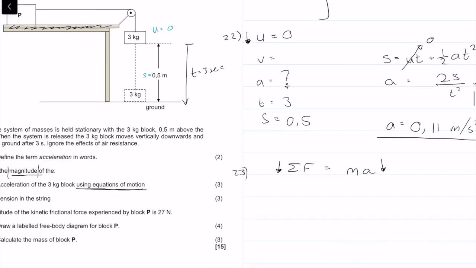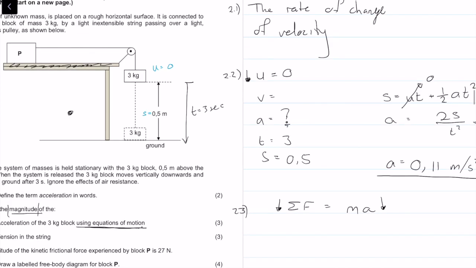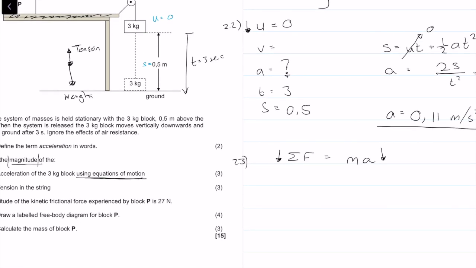Okay, so if I had to draw a quick free body diagram here, we have weight acting downwards. Okay, and we have tension acting upwards. Okay, and the tension must be less than weight. So I'm going to say that weight minus tension is equal to mass times acceleration.